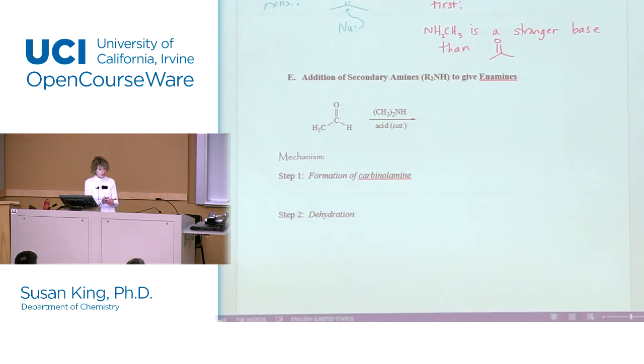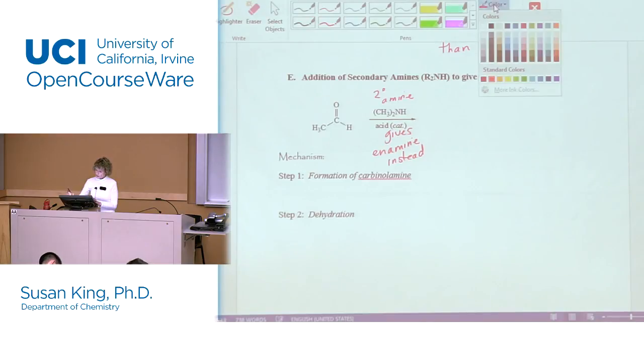So previously, to make an imine, you use a primary amine. This uses a secondary amine. So a secondary amine gives an enamine instead. All right, so let's draw the structure of an enamine.